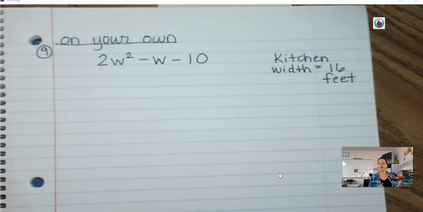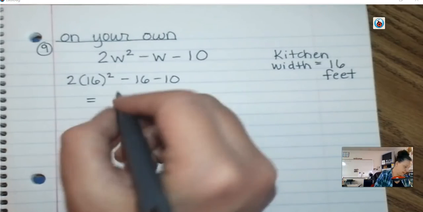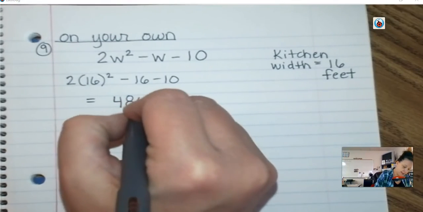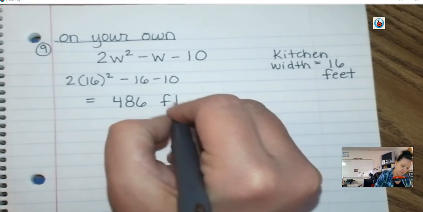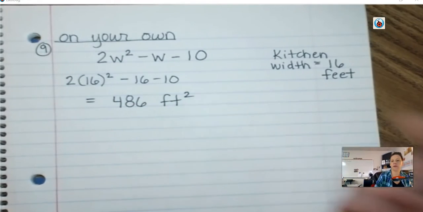Okay, go ahead and calculate what's going to be the new area of the kitchen. So you're just substituting 16 into this equation, and then that's your answer. There's nothing else to do. It'll be 486. Or if it's the area, we say whatever the label is, feet squared.